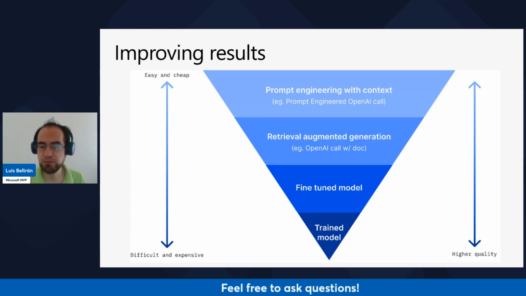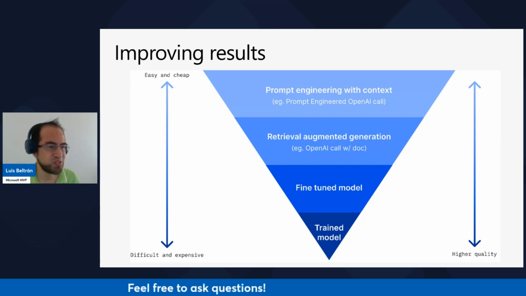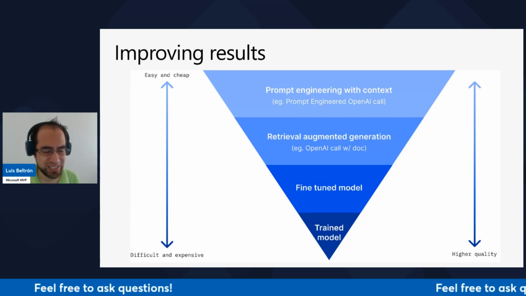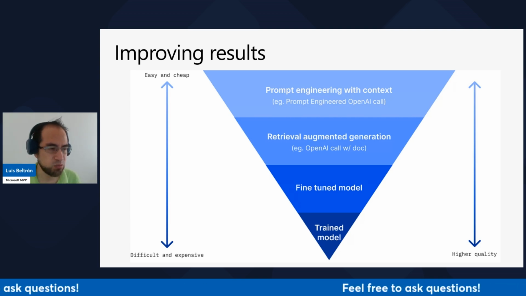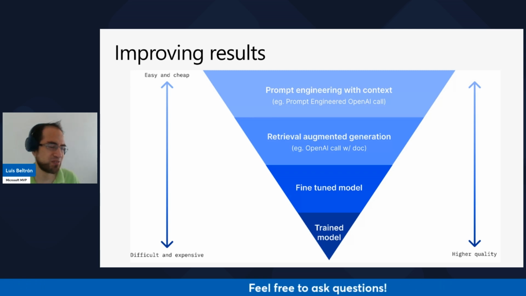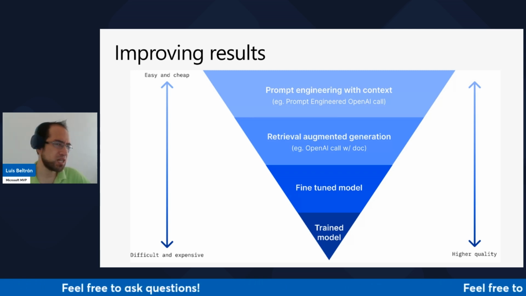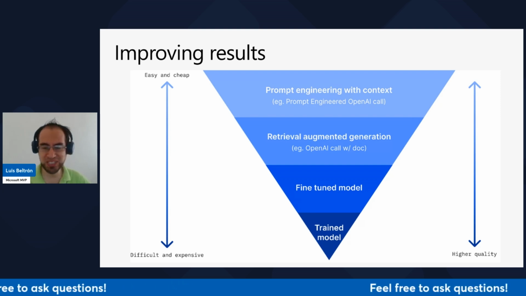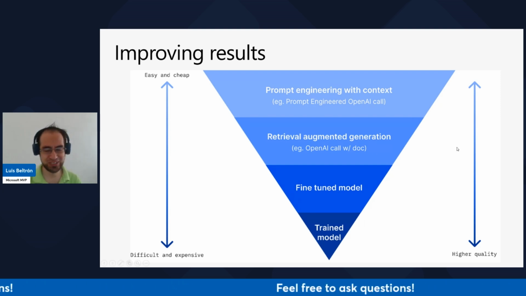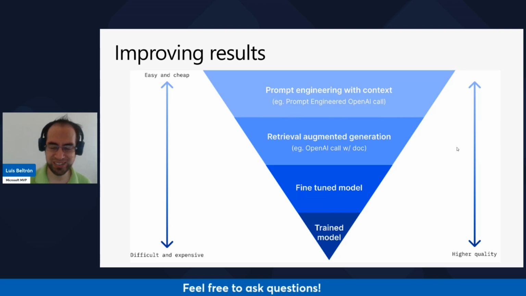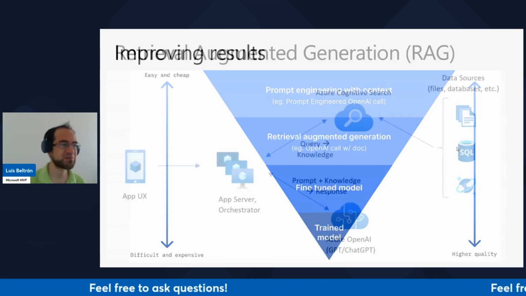And of course, the top one would be to train a model from scratch, but you know that one will be difficult and expensive. If you have millions of data, well, yeah, you can do it. But then you also need all the infrastructure that is required for that.